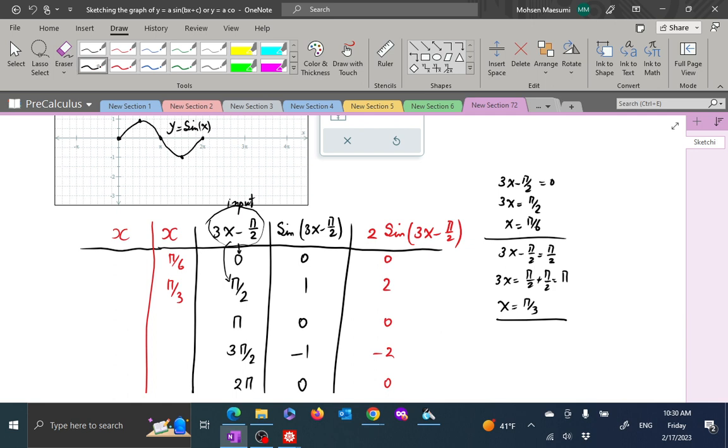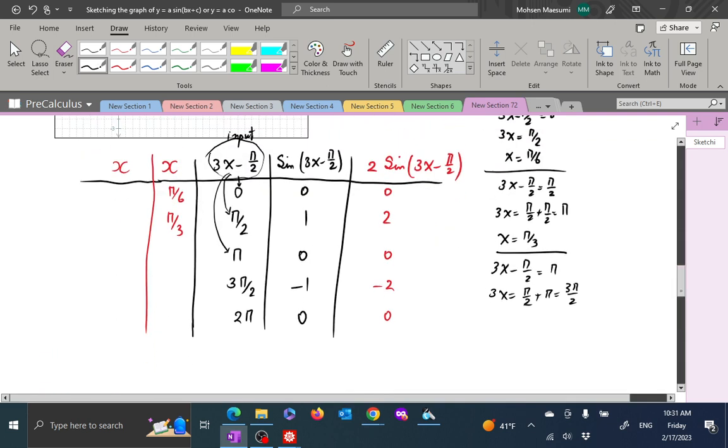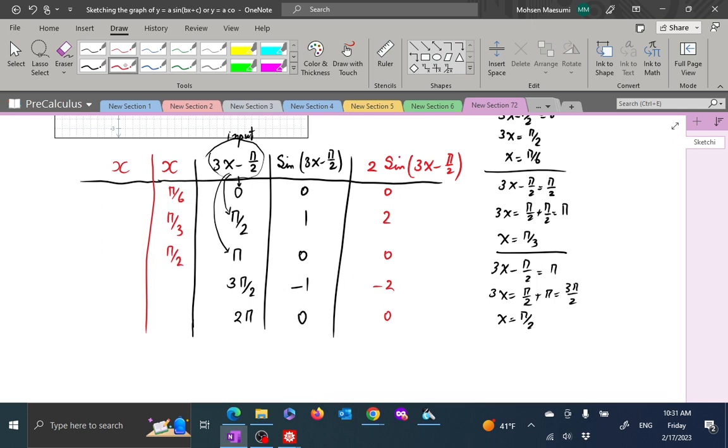Next, input being pi. So 3x minus pi over 2 being pi means 3x is equal to pi over 2 plus pi, which is 3 pi over 2, which means x is just pi over 2 divided by 3, so I get pi over 2.